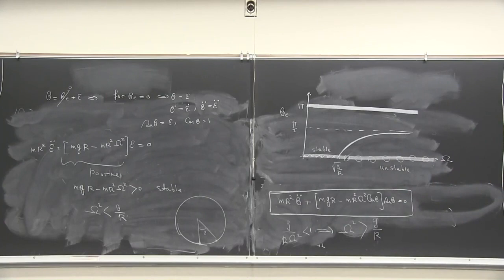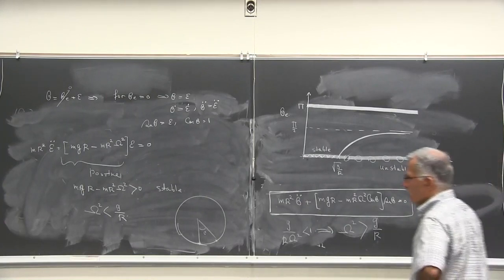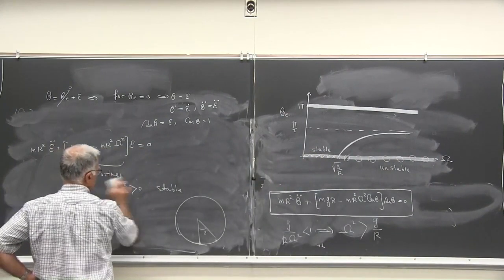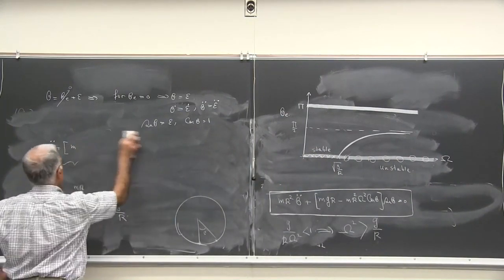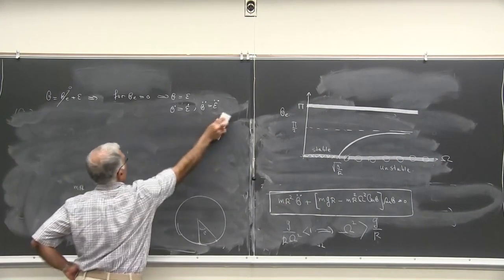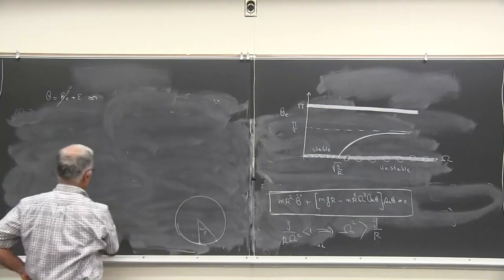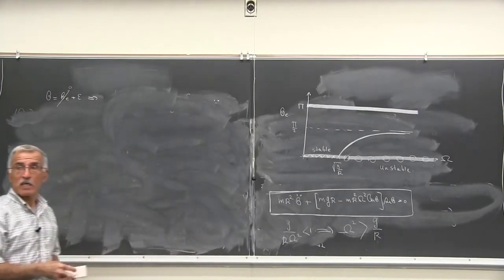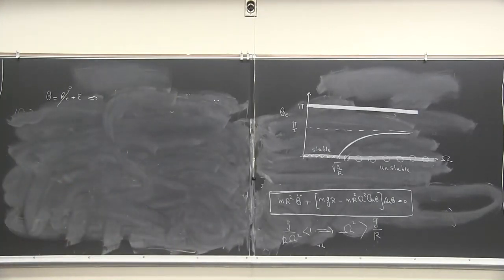Now let's look at the situation when the marble is at the top of the ring. We had three positions that you could have as an equilibrium position.